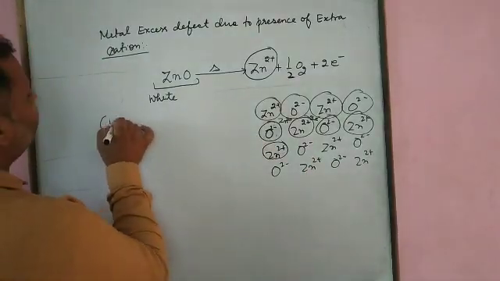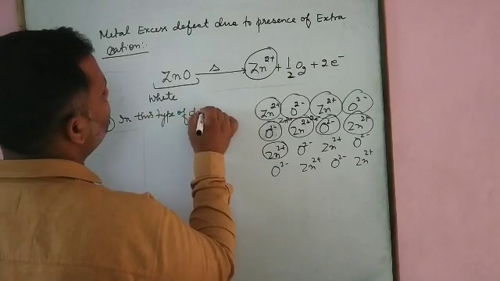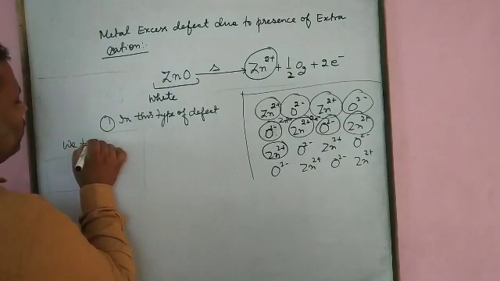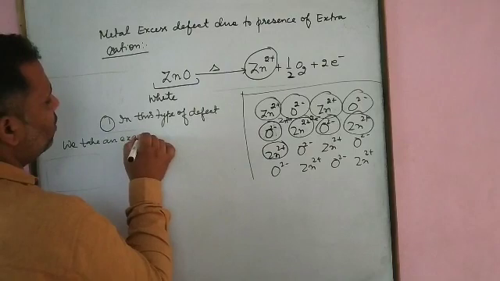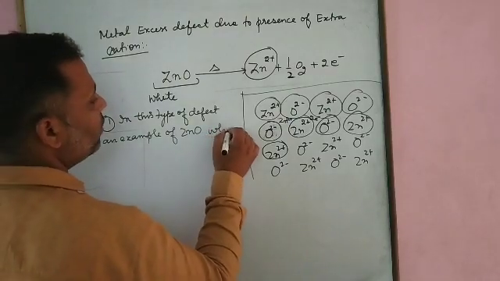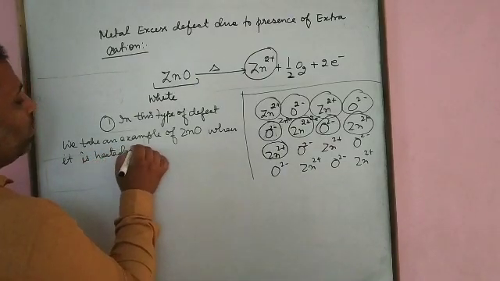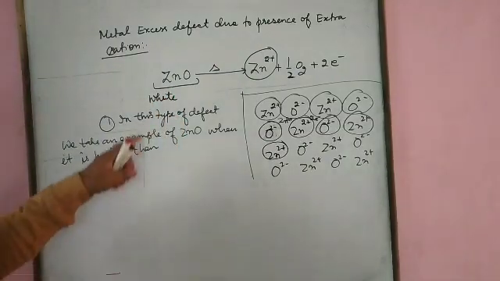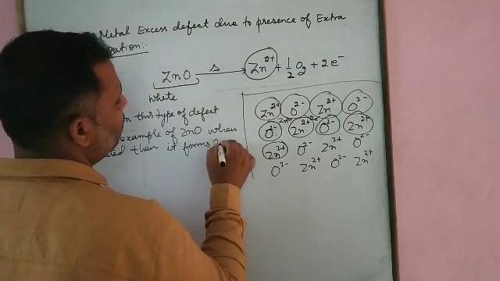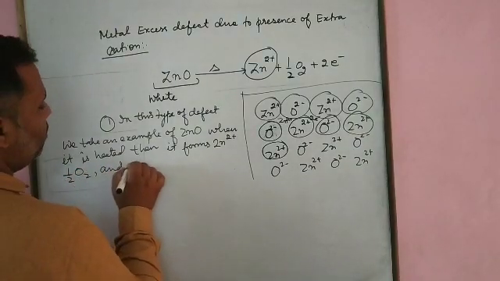The first point is that in this type of defect, we take the example of zinc oxide. When it is heated, it forms Zn2+, oxygen and 2 electrons.